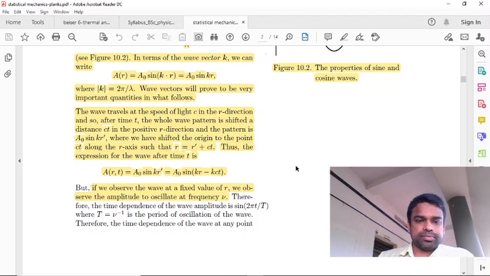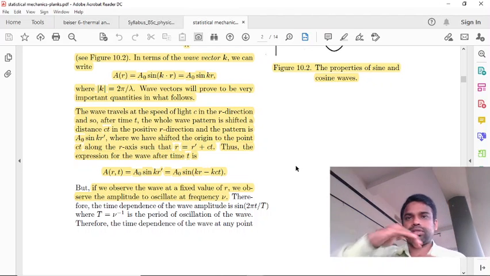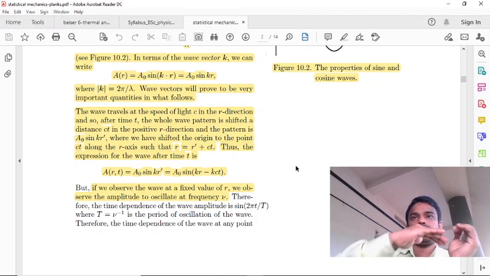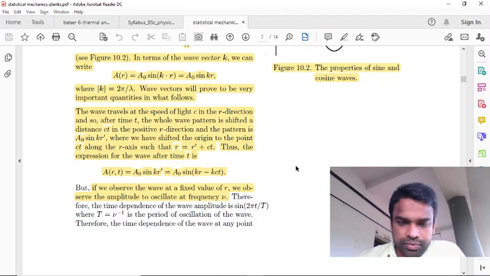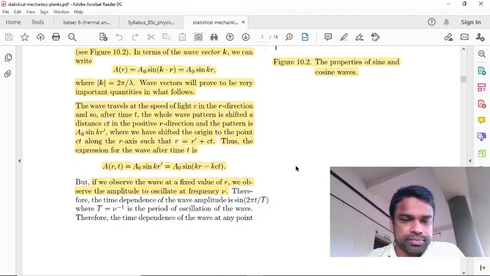That means when we observe the wave at a particular point, we can see that the amplitude is oscillating, positive then negative. It oscillates at a frequency nu. That is the frequency of that wave.